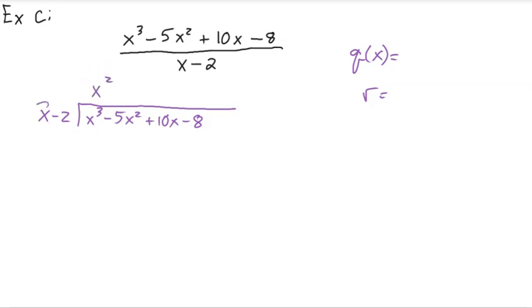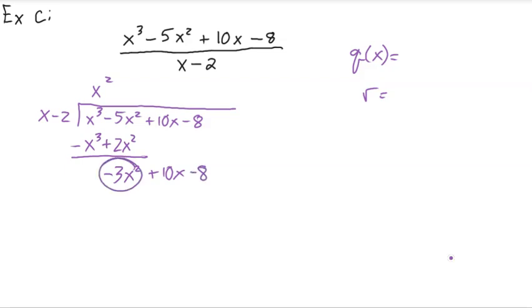X squared times x is x cubed, but we're going to change the sign to negative x cubed. X squared times negative 2 is negative 2x squared, but we're going to change it to plus 2x squared. X cubed minus x cubed, that cancels out, that's 0. And then negative 5x squared plus 2x squared is negative 3x squared. Now we're going to bring down the plus 10x and the minus 8.